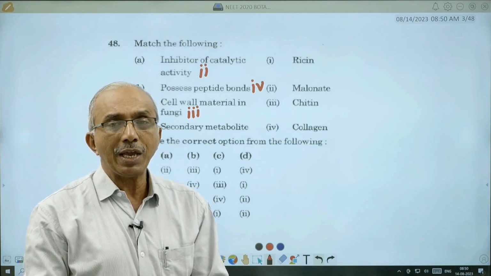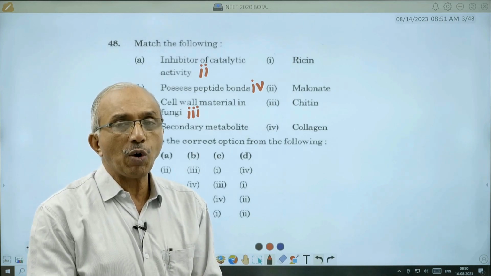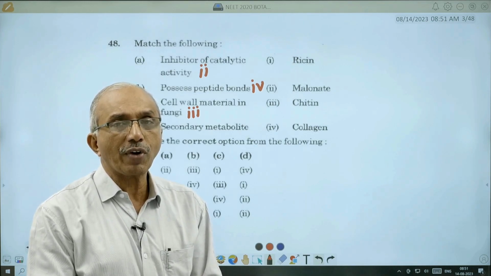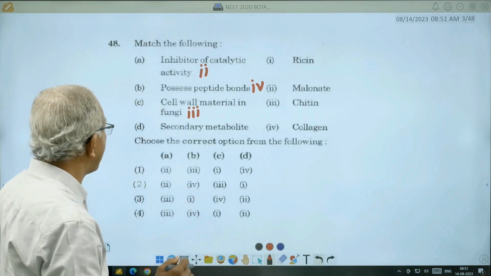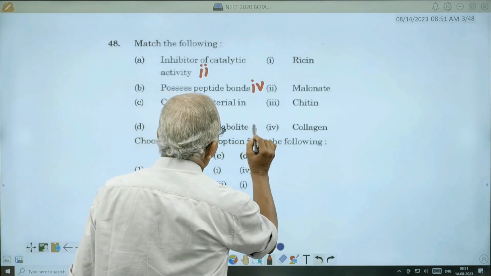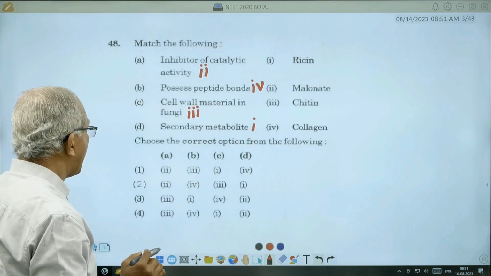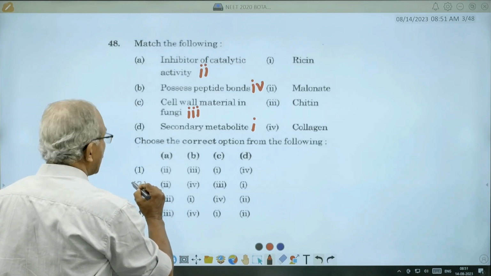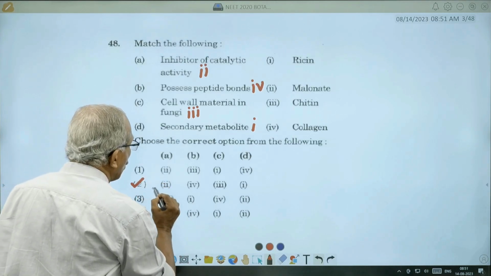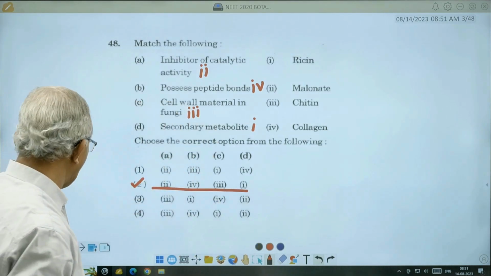The monomer is N-acetyl glucosamine. It is found in the cell wall of fungi and the exoskeleton of arthropods. Secondary metabolite: resin is a secondary metabolite. So the answer is option 2.